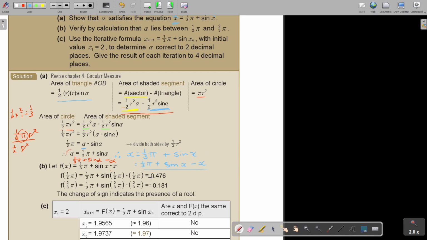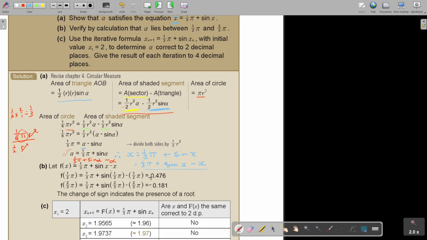And just make sure your calculator is on radians. So press 1 divide 3 multiply shift pi equals, and then plus sin, then a bracket, 1 divide 2 multiply shift pi, close the bracket, minus bracket, and then 1 divide 2 multiply shift pi.